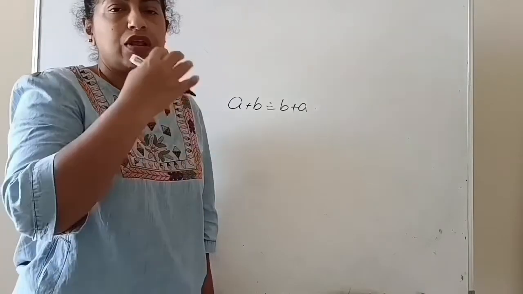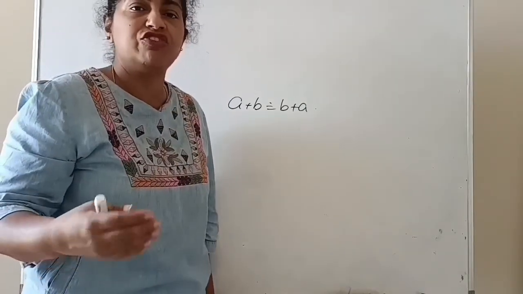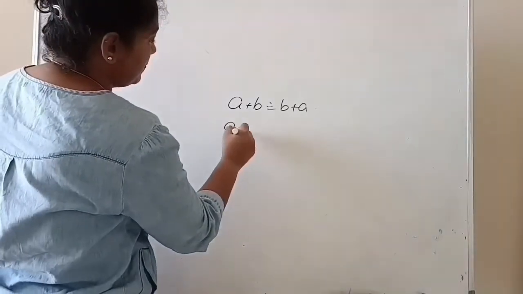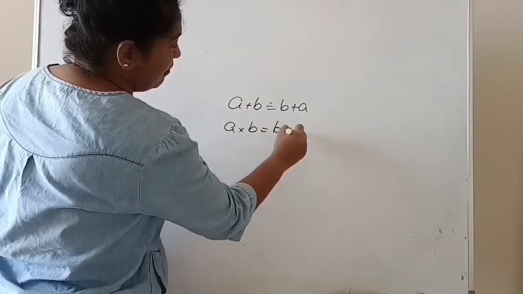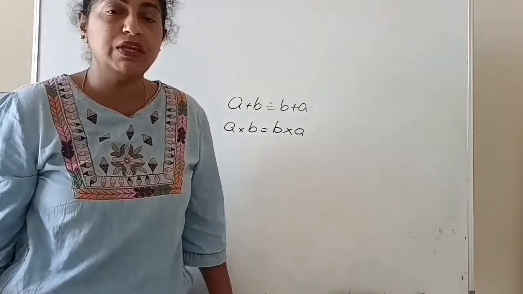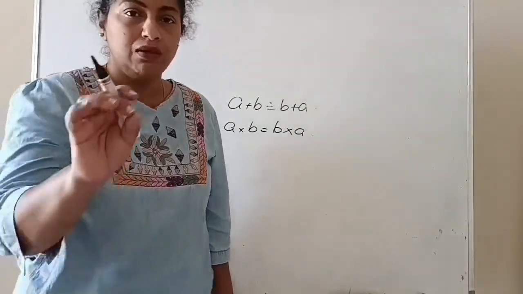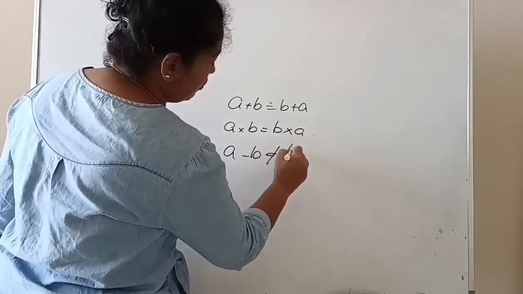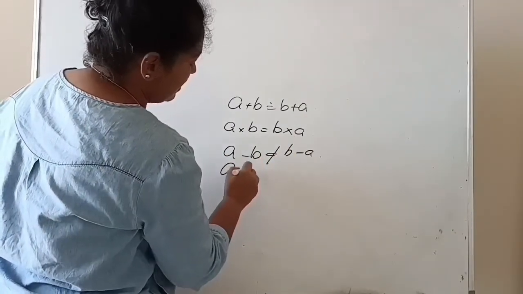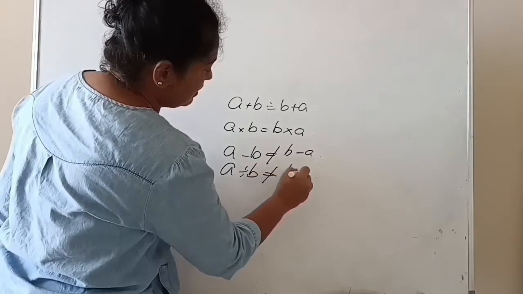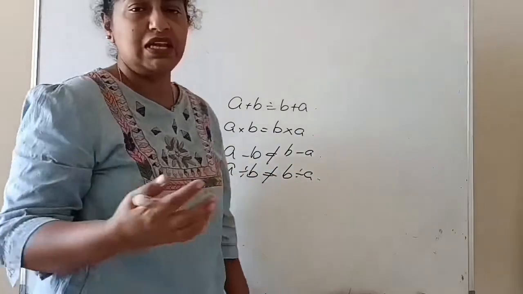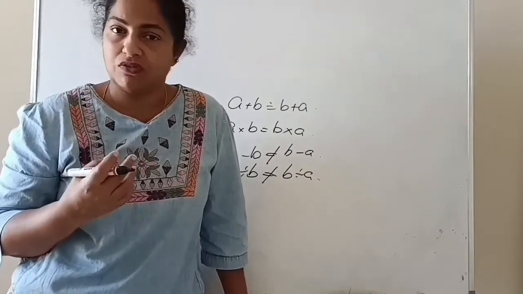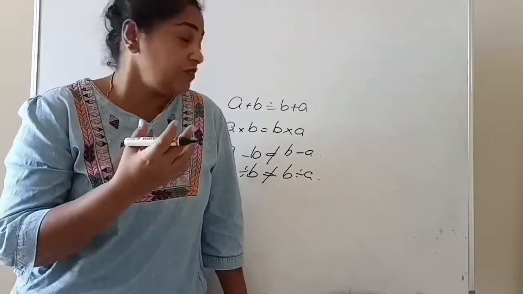Okay, and as a rule, we always say multiplication and addition are commutative. Okay, so suppose you have multiplication, which is a into b is always equal to b into a, but the same cannot be told about a minus b. a minus b is not equal to b minus a, and a divided by b is not equal to b divided by a. So when we learn about these basic operations, we always learn to check whether they are commutative or associative.